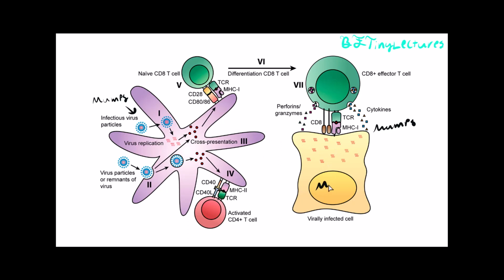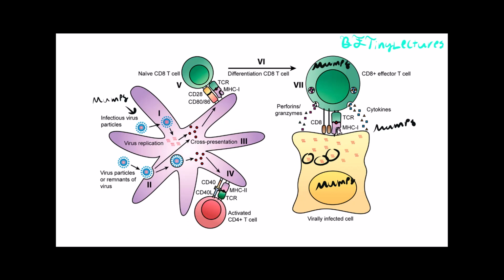So let's say that we have the mumps right here, right there, and we can see it right here. So this cell is now making viral proteins. It's infected, and it will take one of the antigens of the mumps and present it on the major histocompatibility 1. The CD8 cell is already activated and it's specific for this virus. So now it's looking for this name tag. Oh, I see a cell that has the mumps name tag.